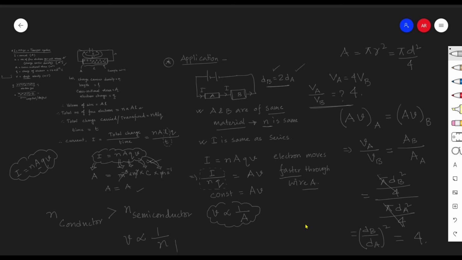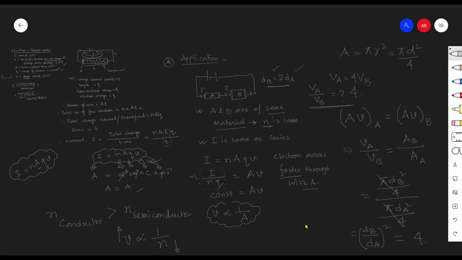So the one that has a lower charge carrier density, electron will be moving faster through it, to make the same current flow. So since the conductor and semiconductor are connected in series, electron must be moving faster through the semiconductor so that conductor and semiconductor conduct the same amount of current.